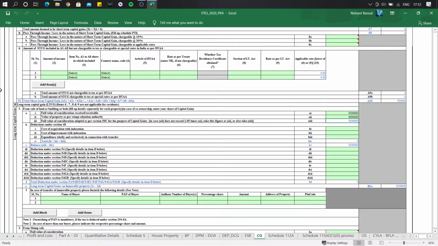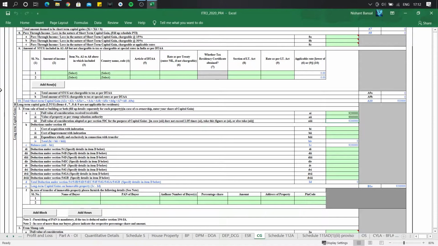Okay, so before moving ahead, I would like to mention here only that in certain cases, the CII for the current year, that is the CII of the year of transfer, might not be given in the question. So in that case, you have to refer to the table of indexation. You can simply download it from Google. It's easily available there. So for 2019-20, it's 289.